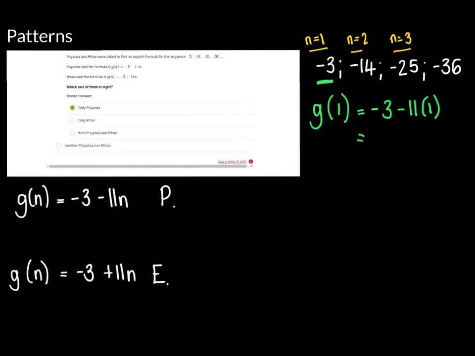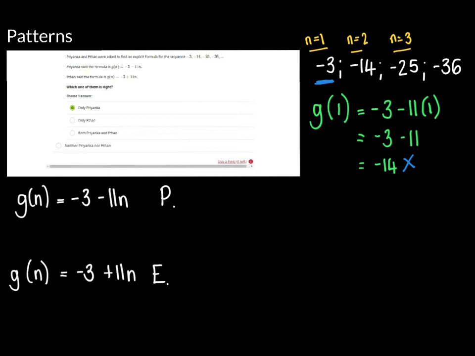I'm going to get -3 minus 11, because 1 times 11 is just going to give me 11. -3 minus 11 gives me -14. So that's not actually the answer we're looking for, because we're looking for -3. So that didn't quite do it, so I don't think Priyanka's one is the one we're looking for.